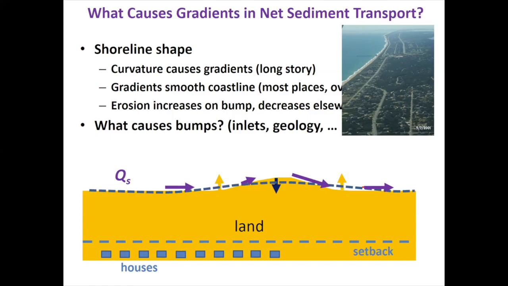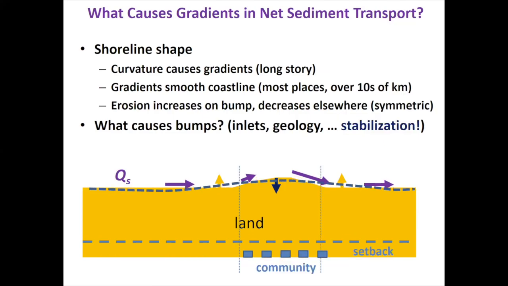The alongshore variations in the kind of material that's underneath the coastline and the nearshore seabed can cause curvatures in the coastline to develop that then interact with the wave climate and this smoothing tendency. Another way to get coastline curvature that I'll focus on here is shoreline stabilization.